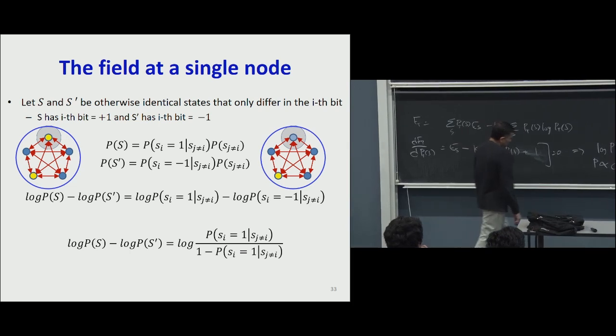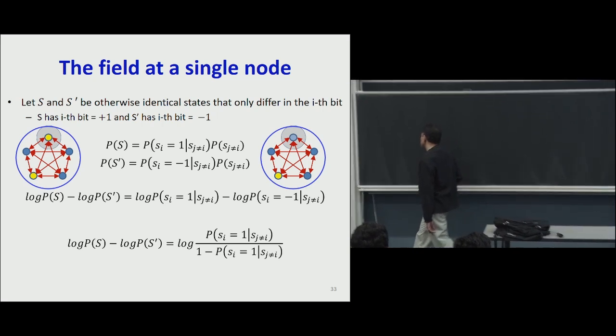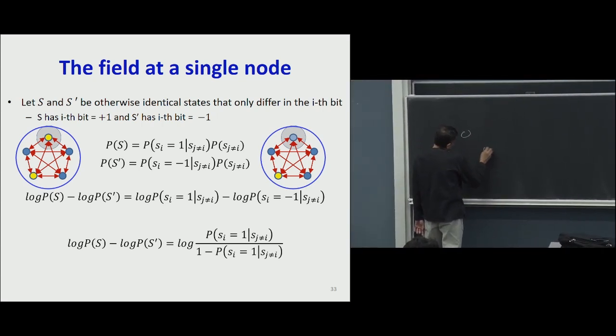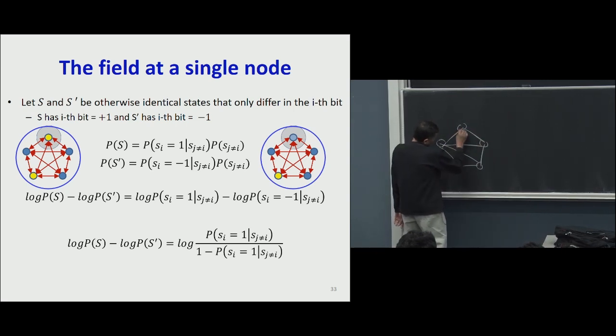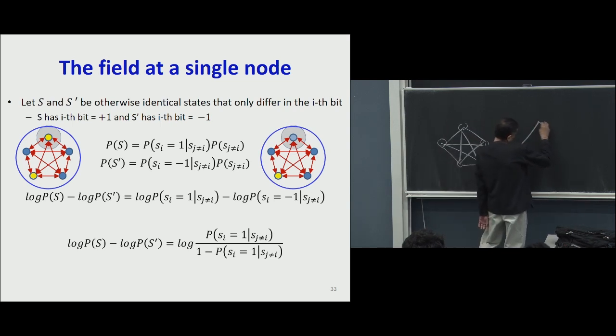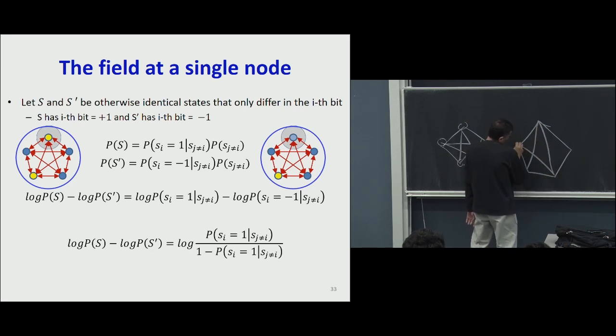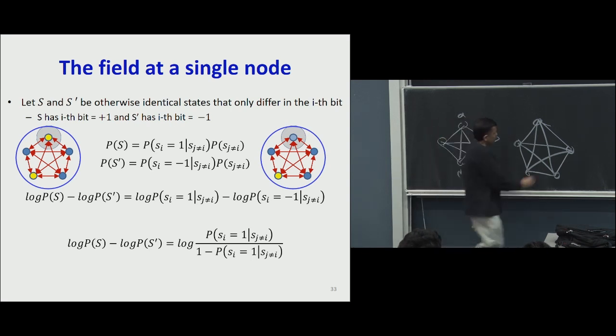Let's say I have this 5-state network, and these nodes have values A, B, C, and D, each of which is either +1 or -1 in both cases.